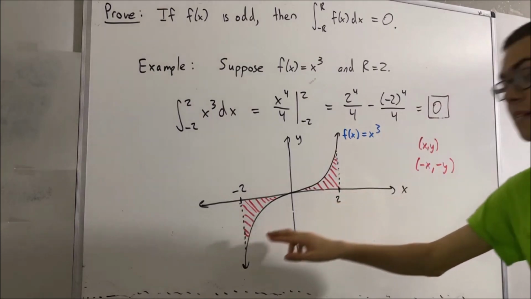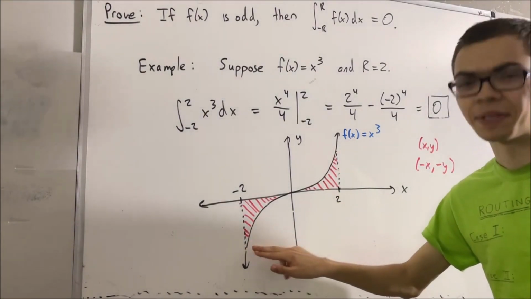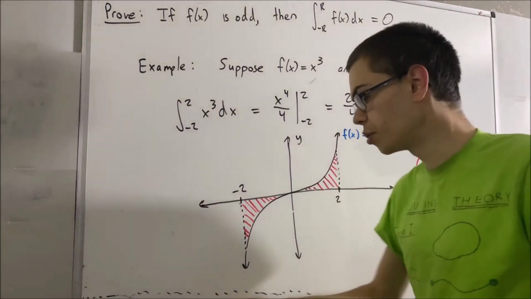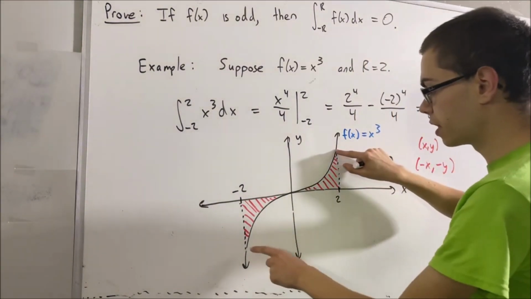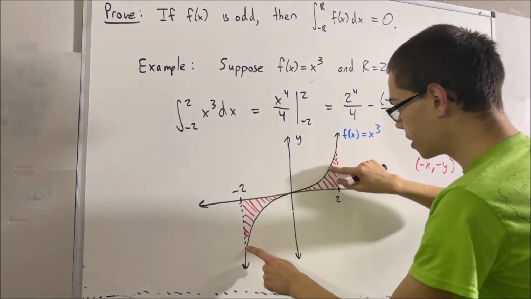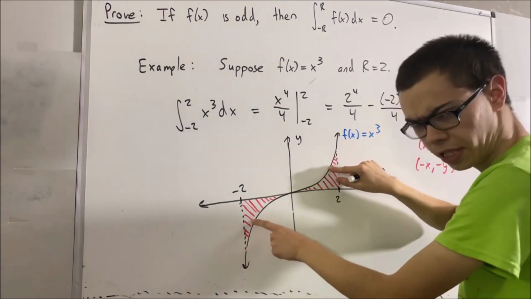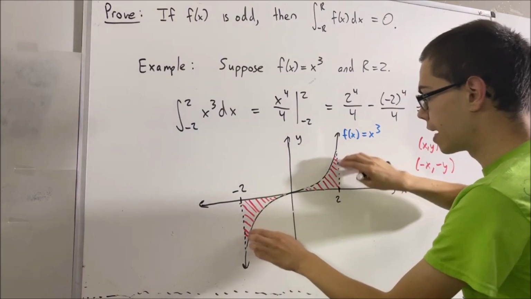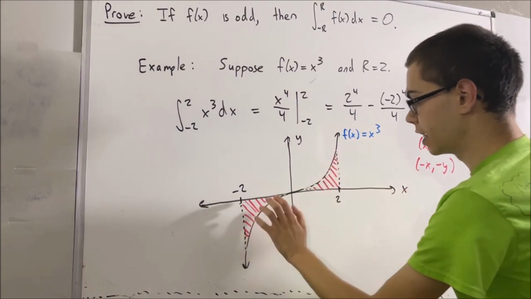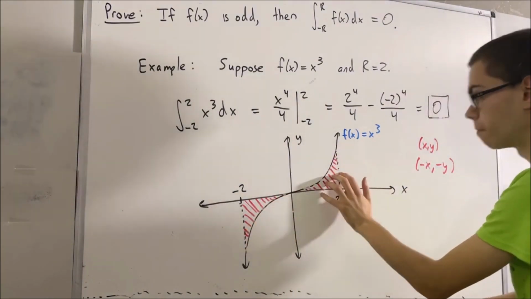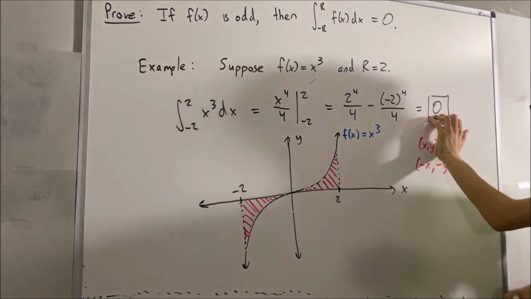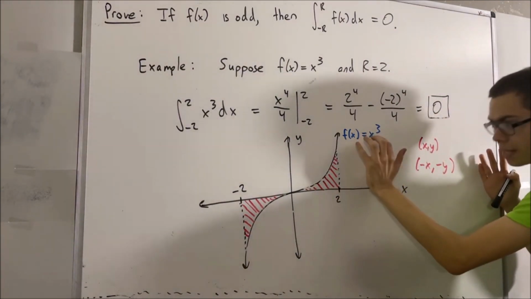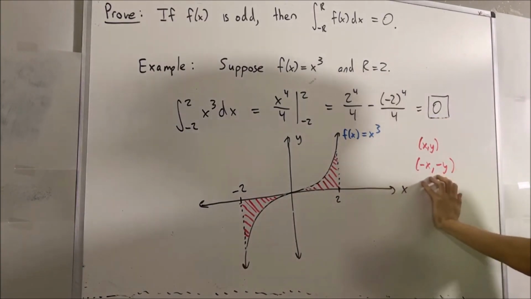Therefore, the point negative 2 comma negative 8 is also on x cubed. And geometrically, you can imagine this point is here, therefore this point is here. This point is here, therefore this point is here, and so on. We can imagine that total area that we accumulate here and here should cancel each other out. And it's all because we're dealing with an odd function. That's really the whole idea.